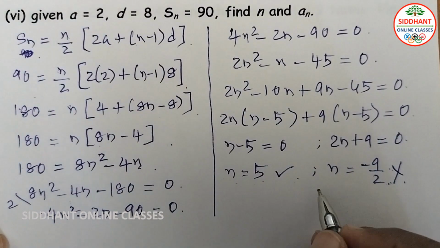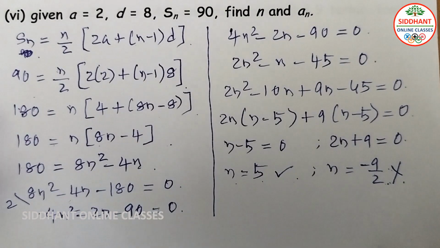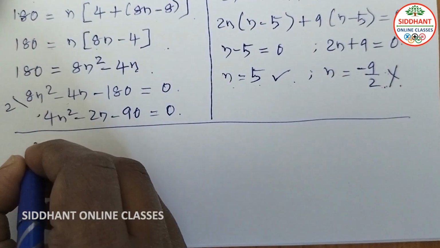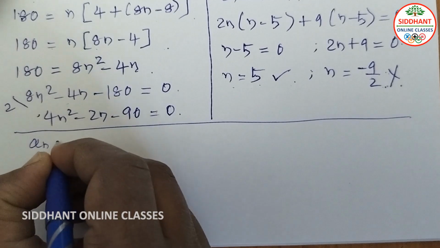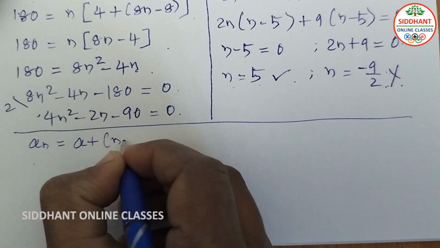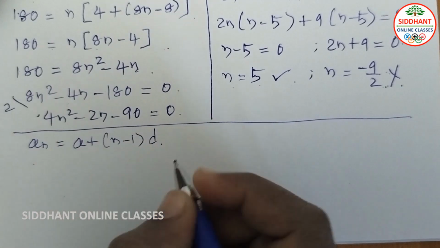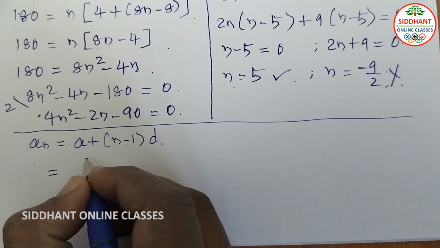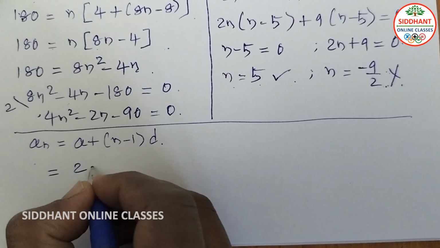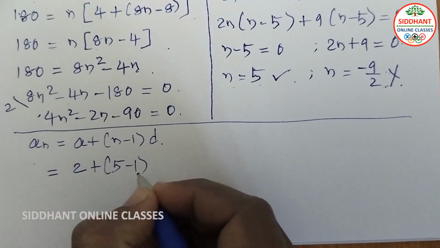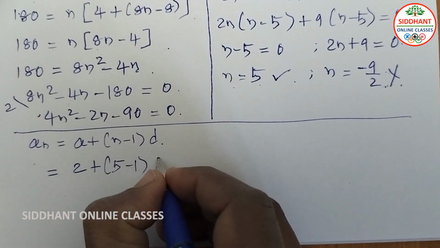Next we are going to find out an here. So an equals a plus n minus 1 d. Here a value is given which is 2, n we found out which is 5, 5 minus 1, d is given which is 8.